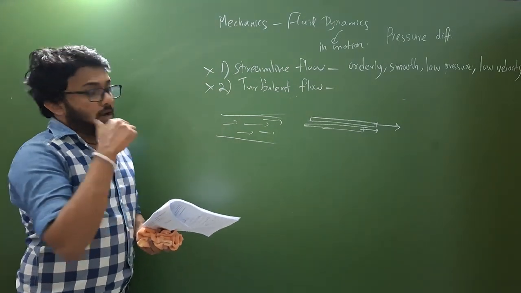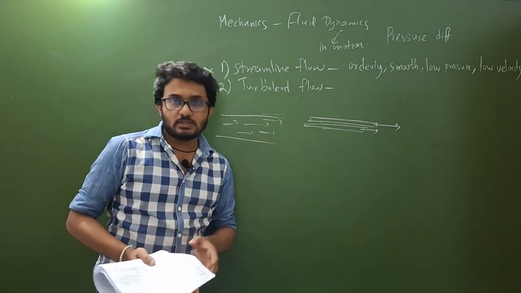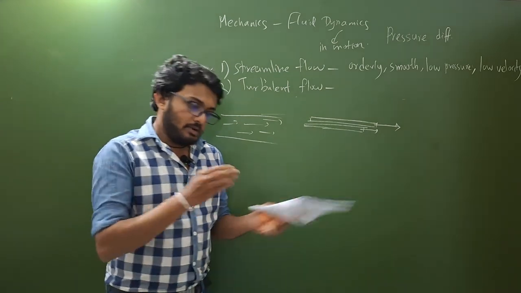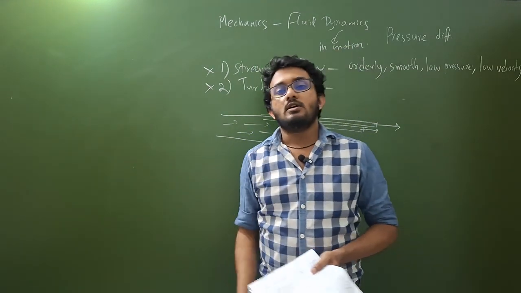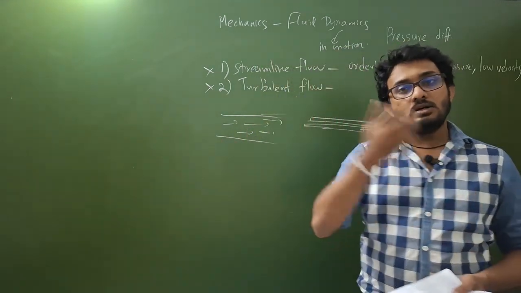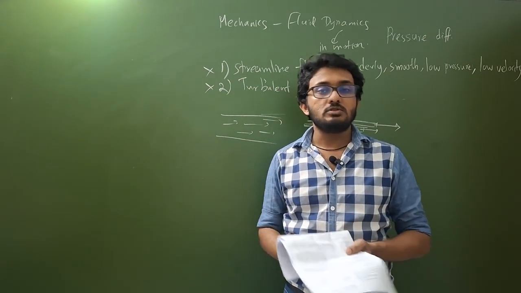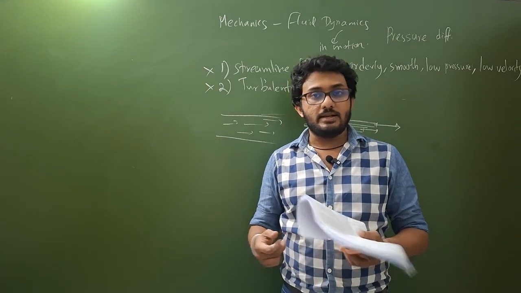So by that definition, we call streamline flows as laminar flows also. Lamina is a layer, right? A kind of a plate. For a plate also we call a lamina. In statics and in Newton's laws, we dealt with laminas, plates.